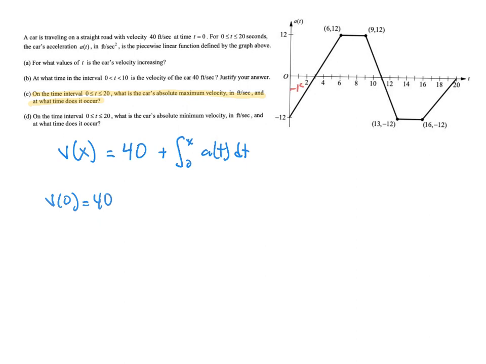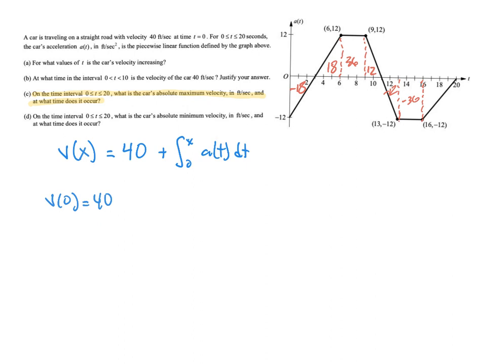This was negative 18. This was 18. What did we say this was? 36. This is 12. Let's do another one here. Is that negative 12? Yes, it is right here, because this is another one of those 2 by 6 triangles. So this is negative 12. This is another rectangle. 3 times 12 is negative 36.